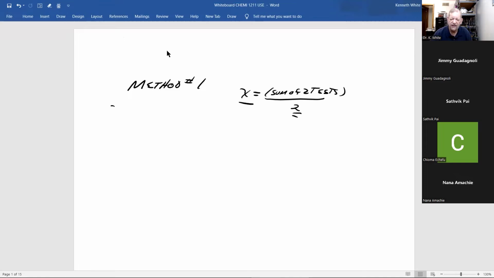If X is 90 and above, look at my syllabus, it's an A. If it's 80 to 89, it's a B. If it's 70 to 79, C. And 60 to 69, D. Less than 60, F. That's method 1.